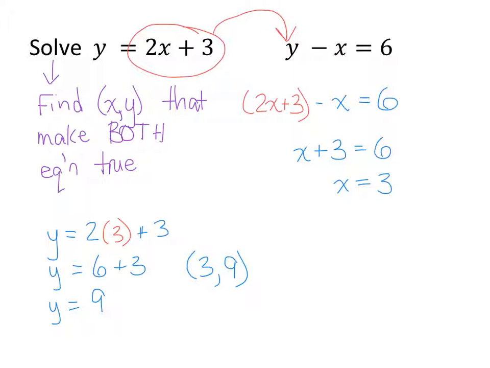Before we decide that we're done this example, we should check to see if there have been any algebra mistakes. The simplest way to do this is to take our values of x and y and substitute them into the other equation again. I just used this equation, so for our check, we will use the other. When I test x equal to 3 and y equal to 9 into our equation, we find out that 9 minus 3 is in fact equal to 6.